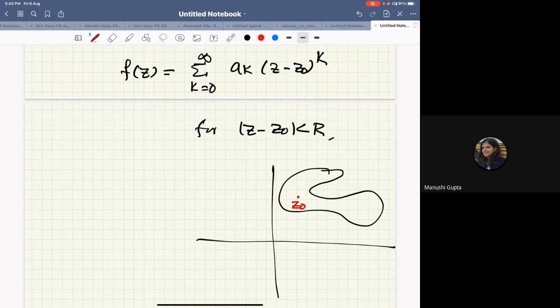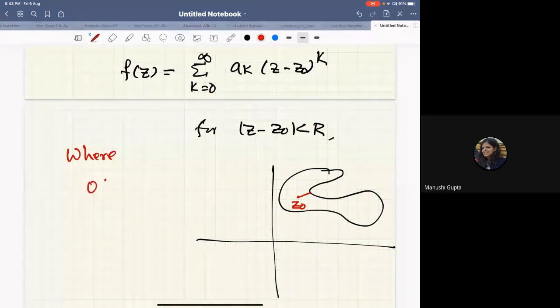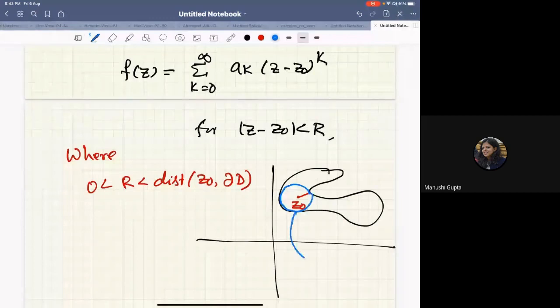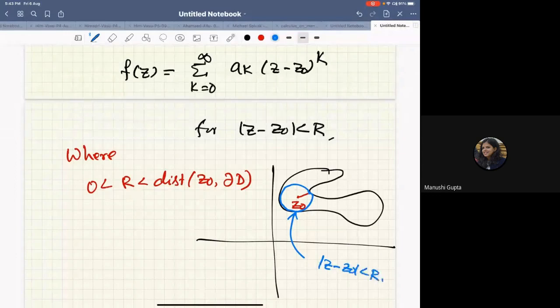You take the distance from Z0 to the nearest boundary point, and that I am calling R. So R is such that 0 less than R less than the distance between Z0 and the boundary of D. This is mod Z minus Z0 less than R. So here we are writing the power series expansion.